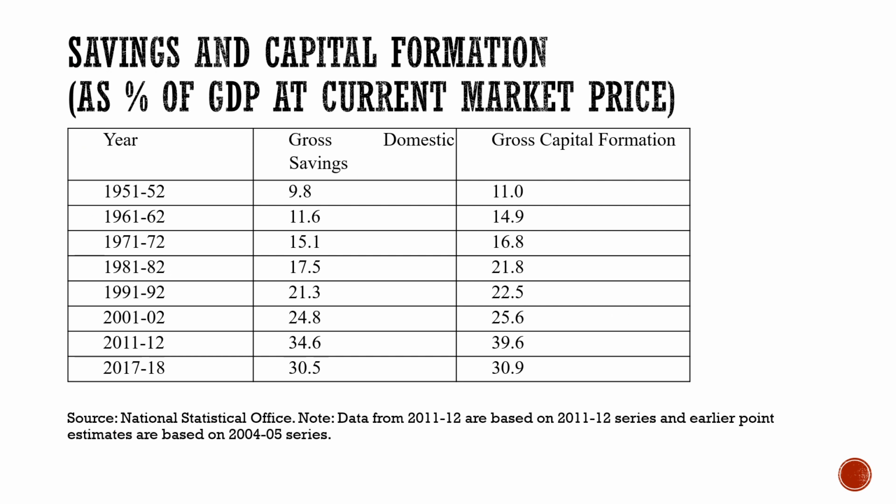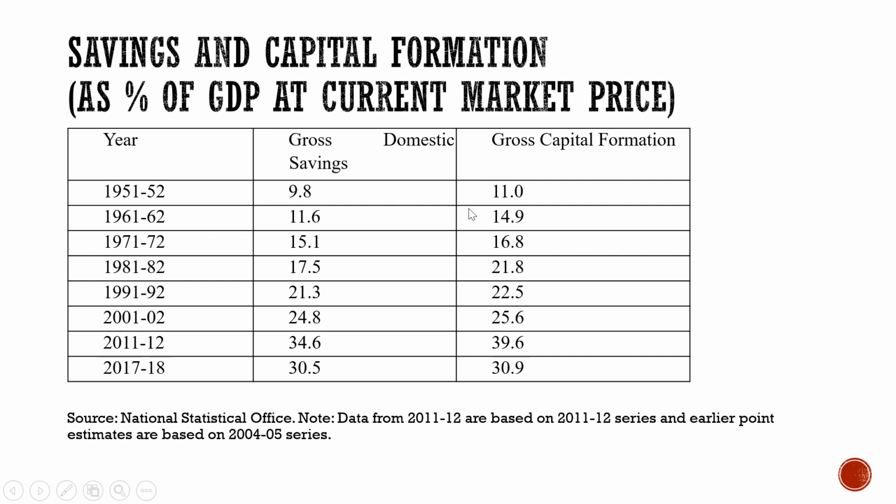Now we'll see how Indian economy is showing its parameters. So savings and capital formation, first we see as a percentage of GDP at current market price. So in 1951, as you see, the gross domestic savings was at 9.8% of GDP, and gross capital formation was 11%. As you see that capital formation is very important for production.